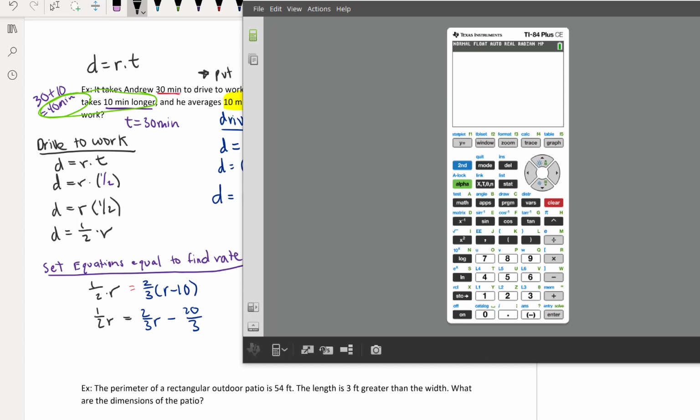So I would have my fraction, my 1/2 minus my other fraction, 2/3. So I'm just making sure I'm using my fractions here. So 1/2 minus 2/3 is going to give me a negative 1/6.